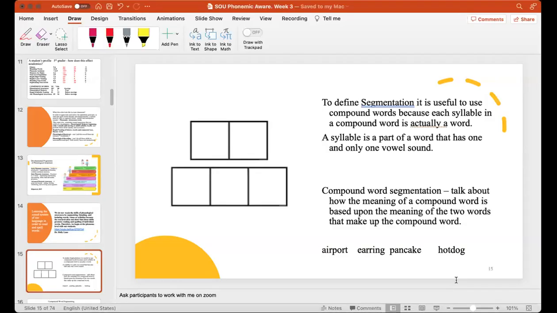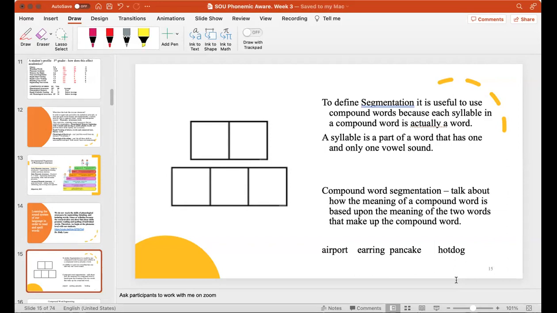So one of the things that I think is a good way to teach the meaning of segmenting, this pulling apart, is to use a compound word, like the word airport or pancake or hot dog, because it's made up of two words that mean something separately, but when they're joined together, they have a different meaning.